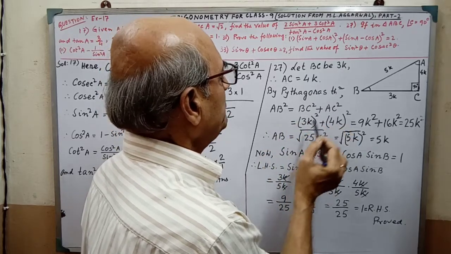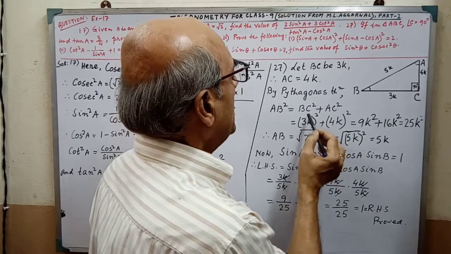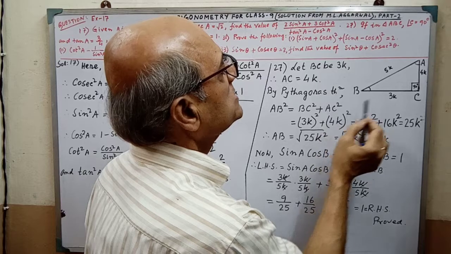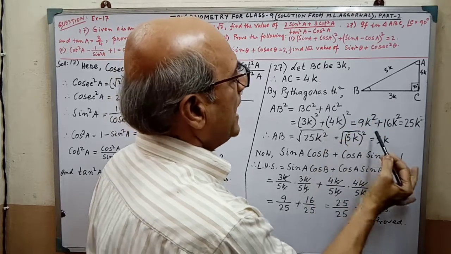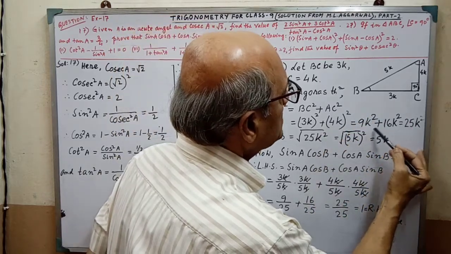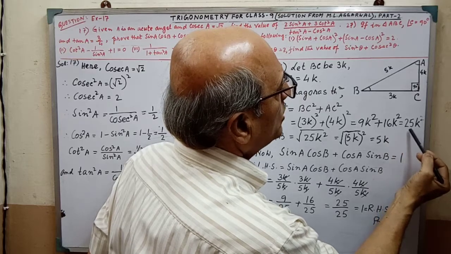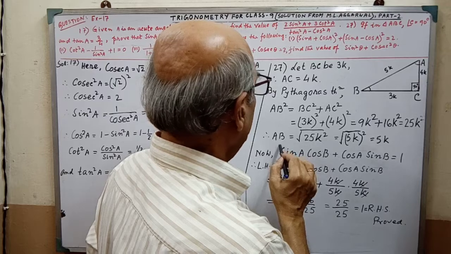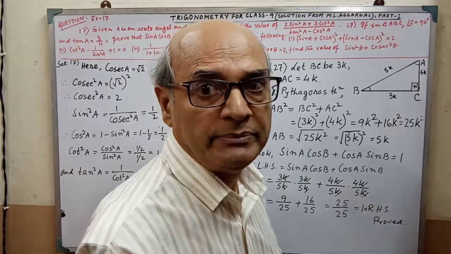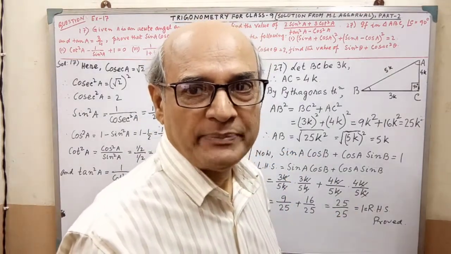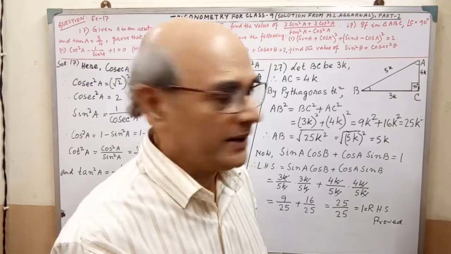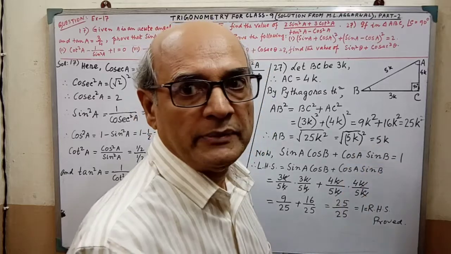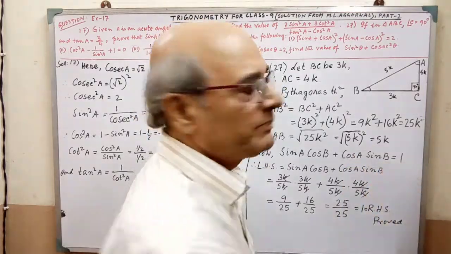Putting BC as 3K and AC as 4K, we get 9K square plus 16K square equals 25K square. So AB equals root over 25K square, which is root over 5K whole square, so the root and square are eliminated and AB equals 5K.